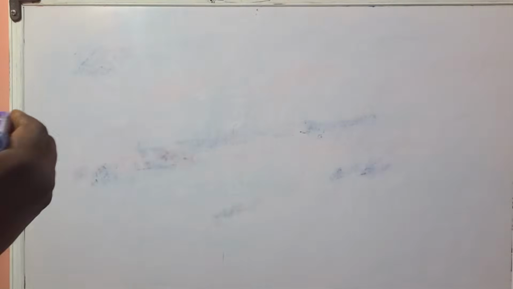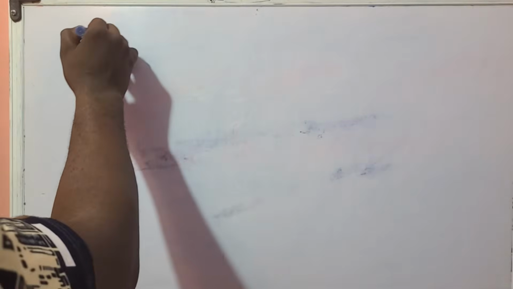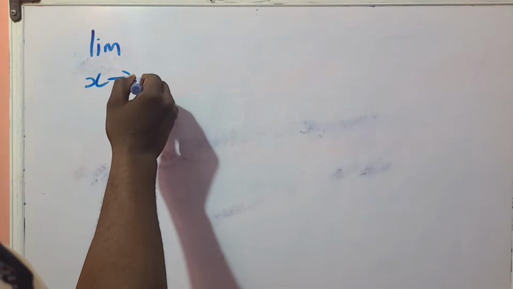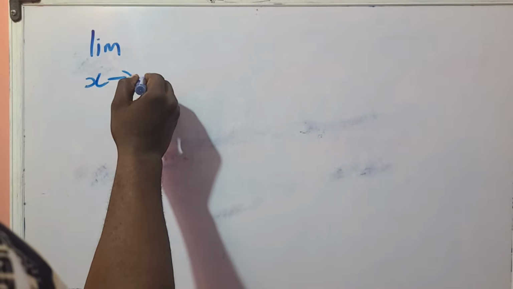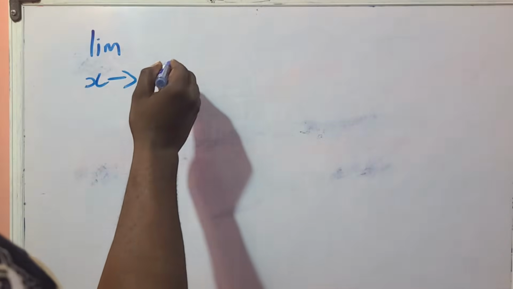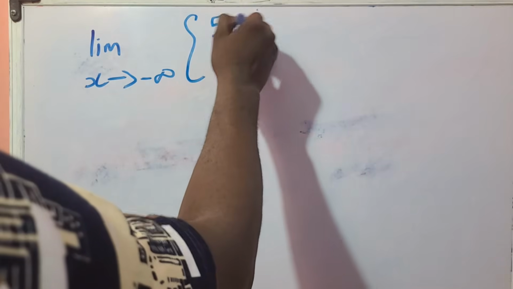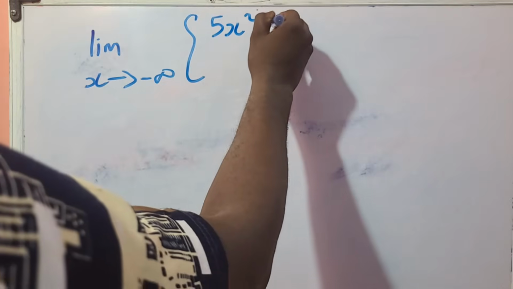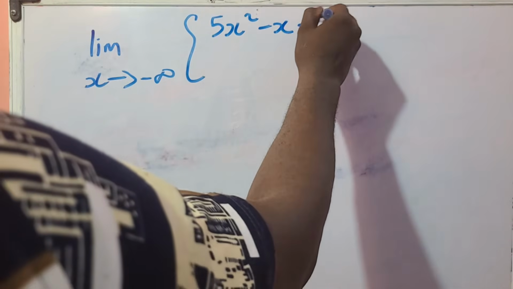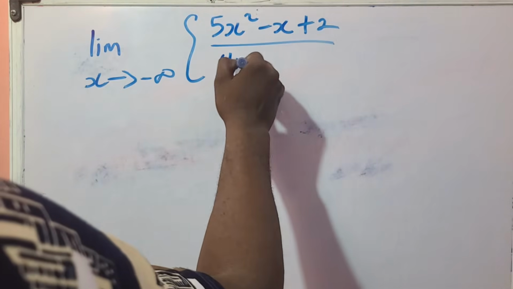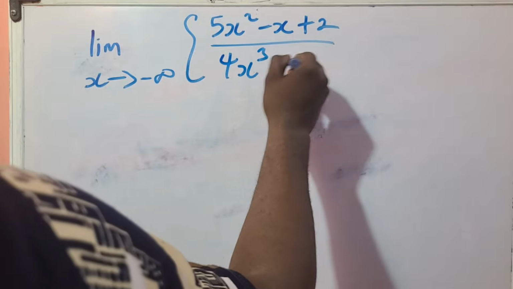All right, now look at this question number 5. It's on limits of a function. We have the limit of x tending to minus infinity, and we have 5x squared minus x plus 2 divided by 4x cubed minus 4.